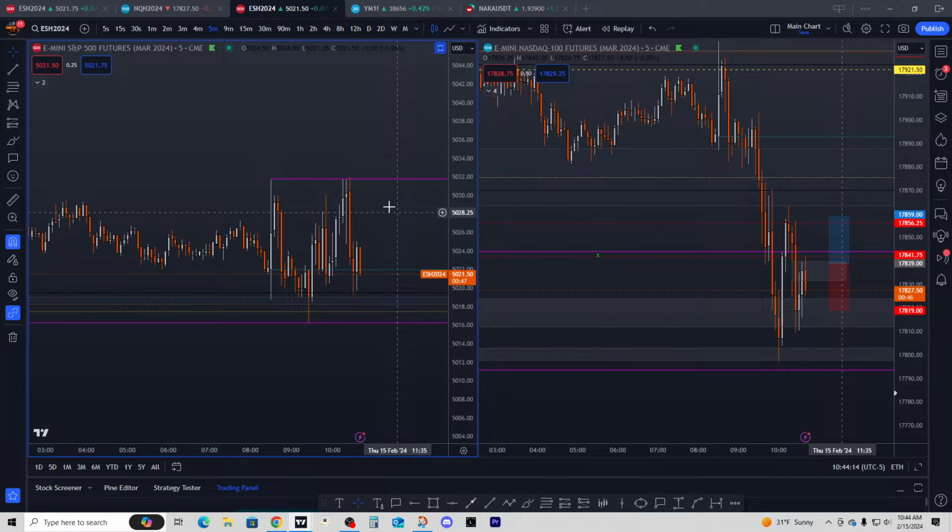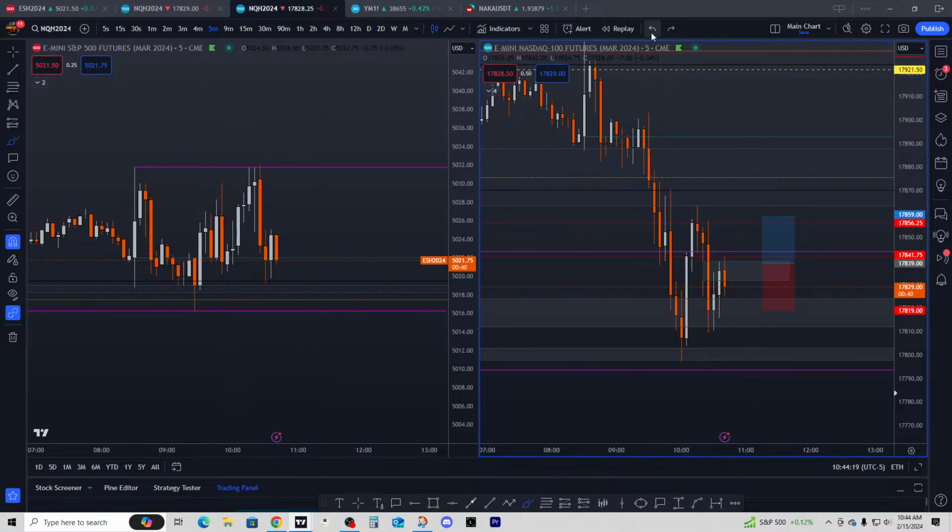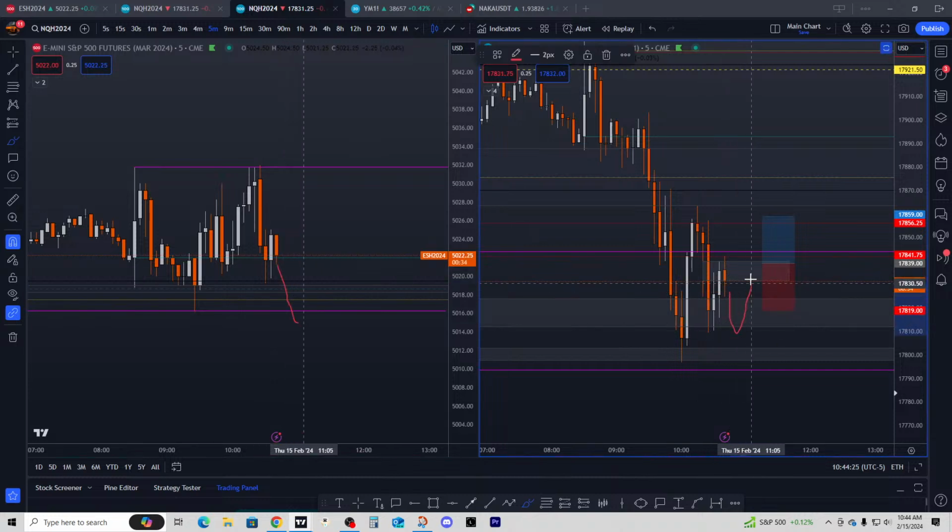It's always like, where's the liquidity at? There's liquidity down here. There's liquidity down here and down here. The question is, do we sell off, hit this low as we sell off, hit this internal low, and then bounce back up and go higher?